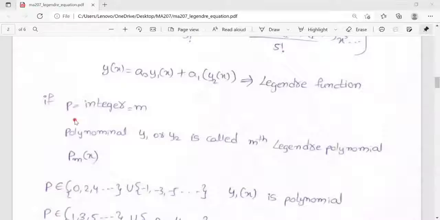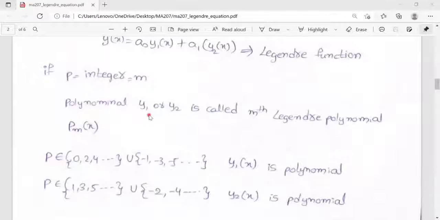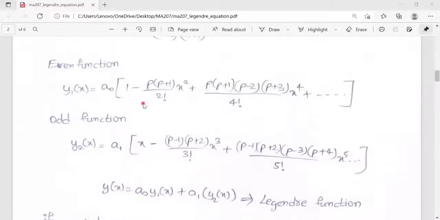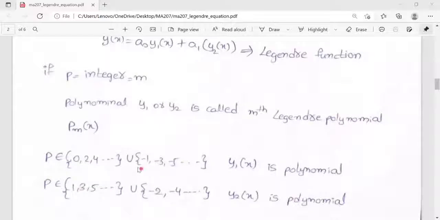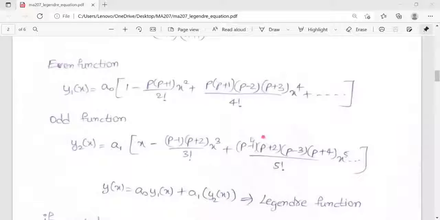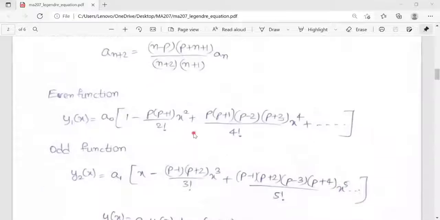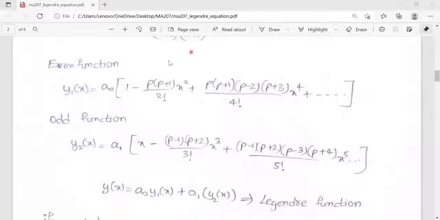If you substitute p equal to m, if it is even or negative odd, then y1 will be a finite polynomial and y2 will be an infinite series. If it is odd or negative even, then y2 will be finite and y1 will be an infinite series.